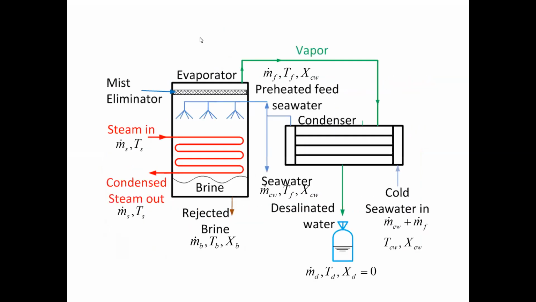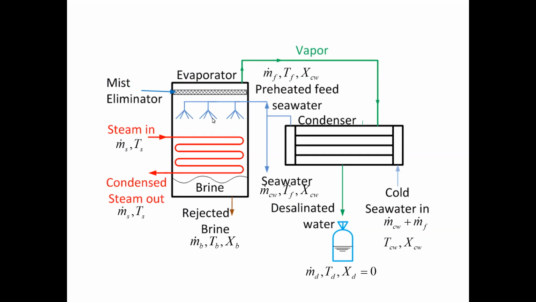We talked about the system. We made a description of the system, that it is made up of two components, an evaporator and a condenser. The evaporator has a horizontal tube bundle where steam is passing inside. Steam is coming from a power plant or simply from a boiler, and is going to condense inside the tubes, giving off its latent heat.